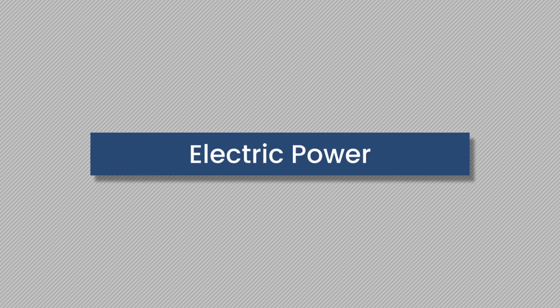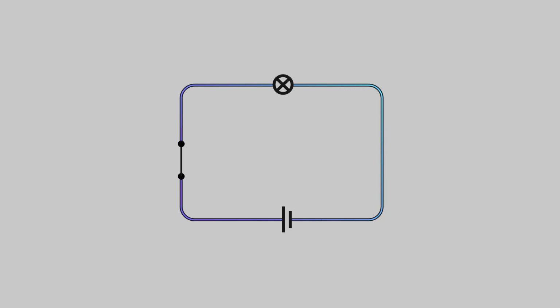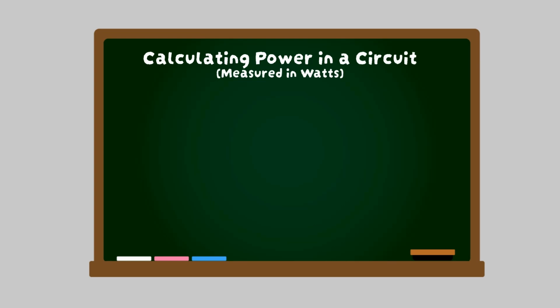Electric power. Here we have an example of a dam turbine. It will generate more power when the water has further to go from the dam and when more water flows through the turbine. Likewise, in any electric circuit, we will have more power when there is a higher voltage and a higher current flow. We can calculate it using this equation.